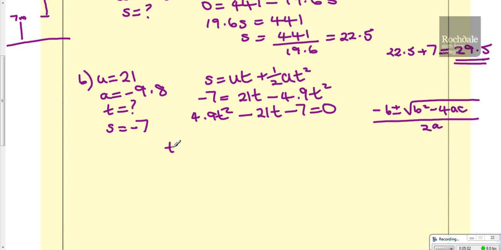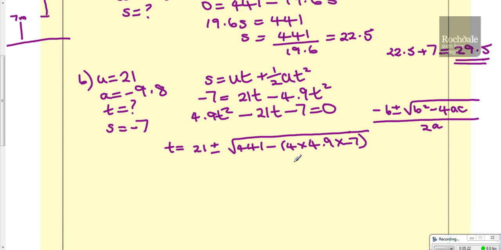So the value of t here is going to be minus b, which will make that plus 21, plus or minus square root of b squared. Well, minus 21 squared is positive 441, minus 4 times a times c. C is negative 7. And all of that is divided by 2a. Well, 2 lots of 4.9 is 9.8.